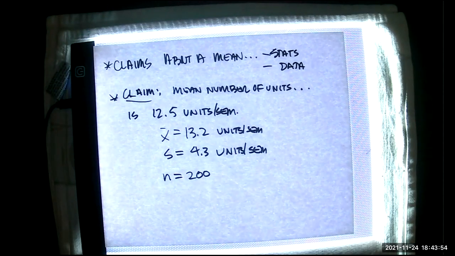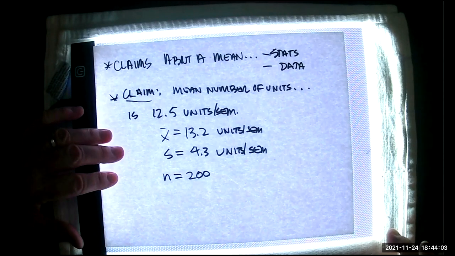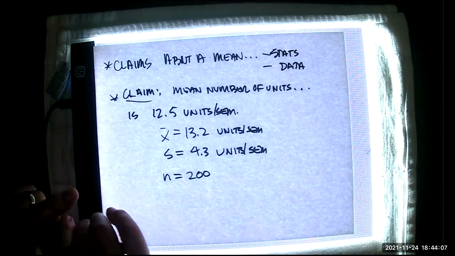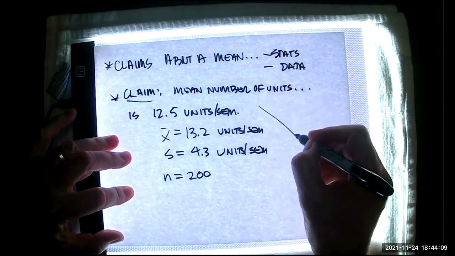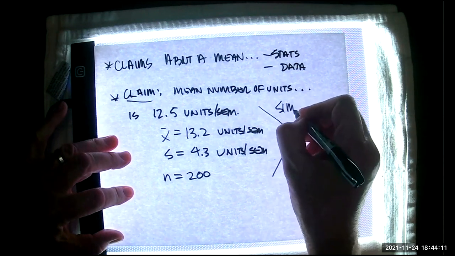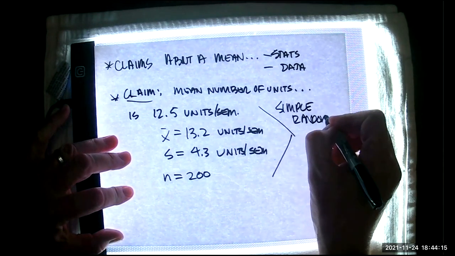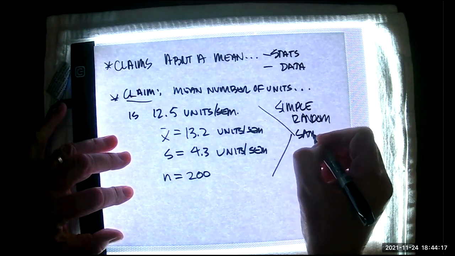Now, the first question I could possibly ask you on this type of question here, are the requirements met? For the requirements to be met, we need a simple random sample. By the way, I need to point that out. This is a simple random sample. I do point this out on all problems in exams and quizzes.